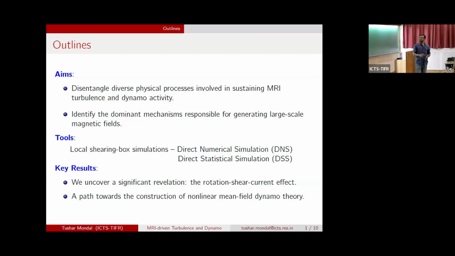This statistical approach also helps us construct a nonlinear mean field dynamo model, whereas traditional dynamo theory is completely linear. It helps to construct each transport coefficient, it is a path towards nonlinear mean field theory, and it also gives a subgrid model which can be included in global GRMHD simulations of accretion disks and also jet structure.